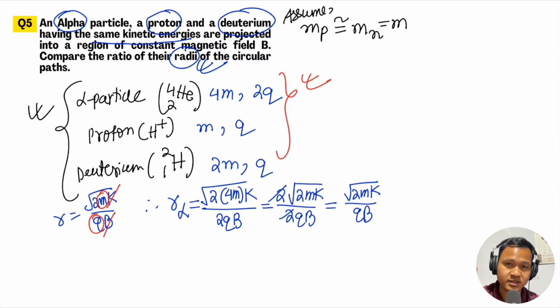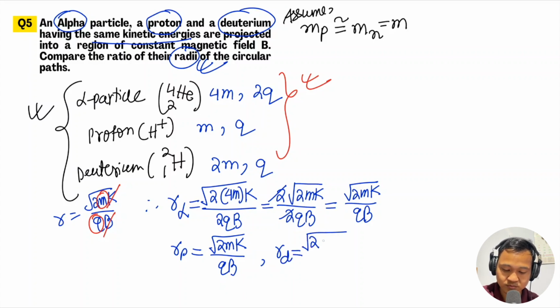So that is the radius of the alpha particle. The radius of the proton is root over 2 into m into K divided by qB. For deuterium, root over 2 into 2m into K divided by qB, which is root 2 into root over 2mK by qB.